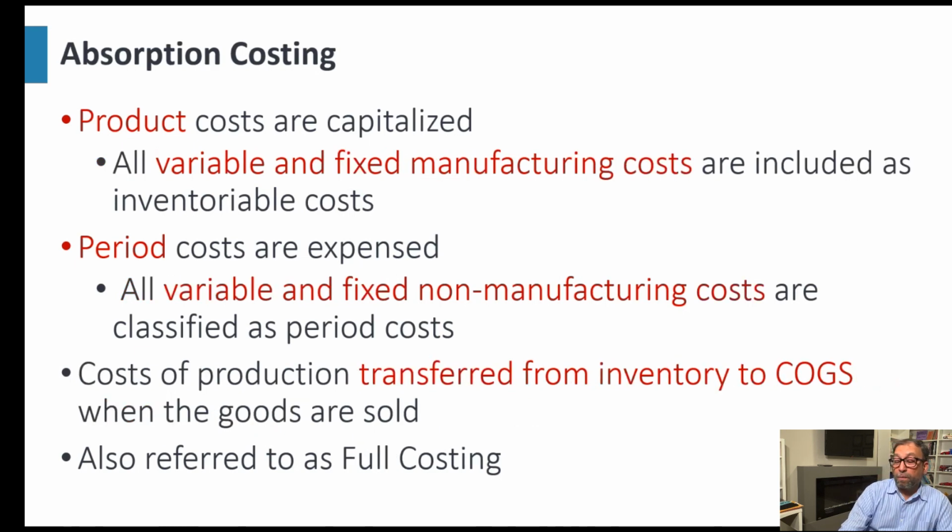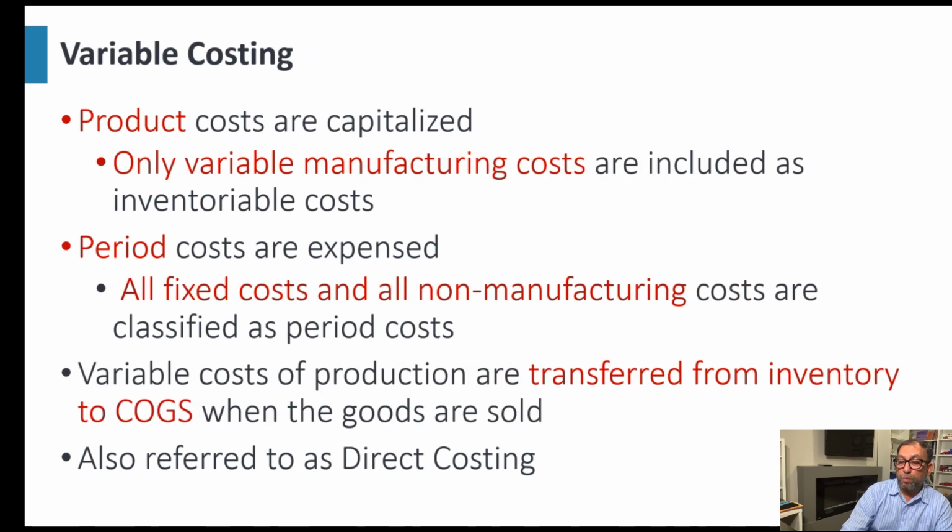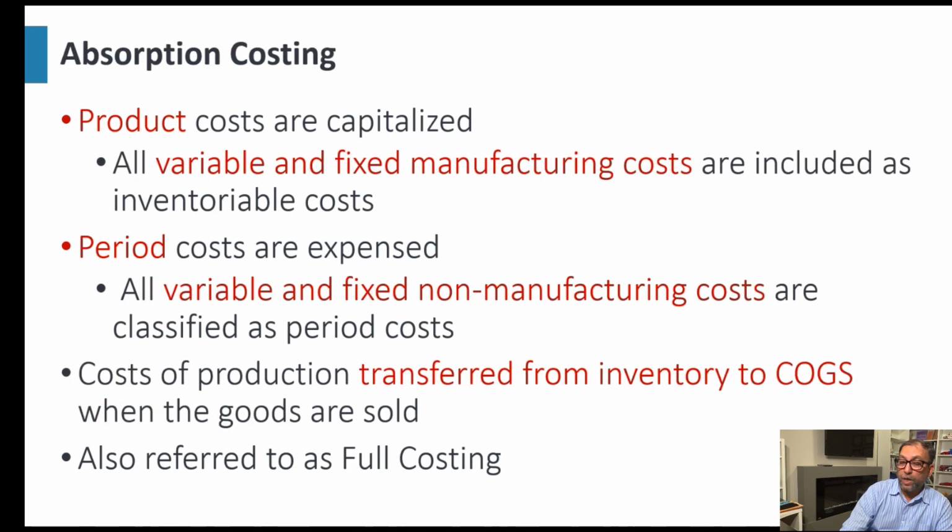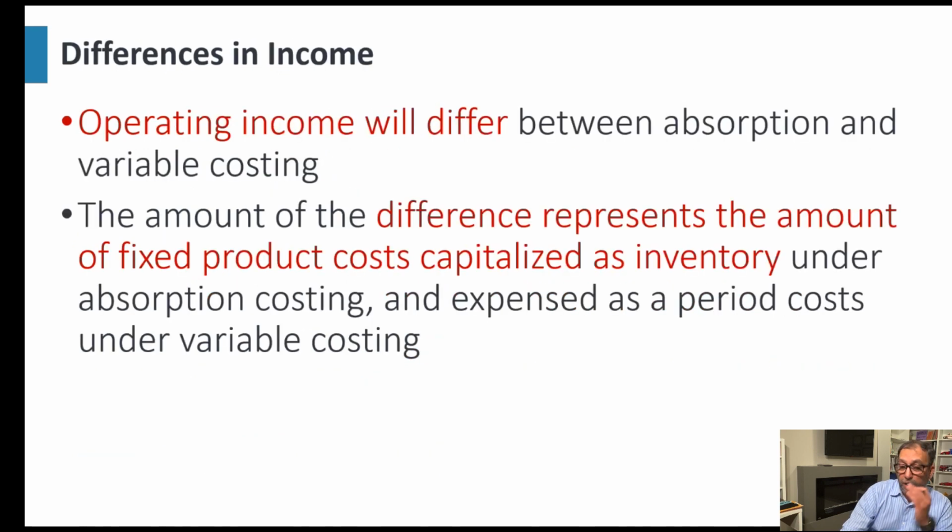But in absorption costing, we make it very clear that all variable and fixed costs that are non-manufacturing are included in the period cost. And we use the word full costing or direct costing as well.